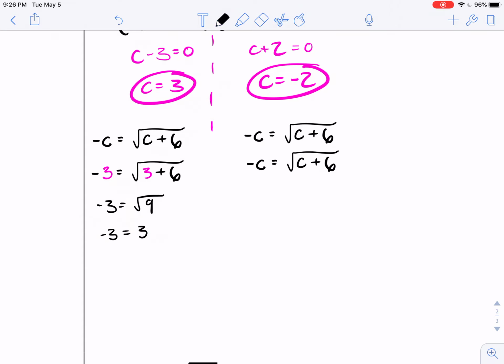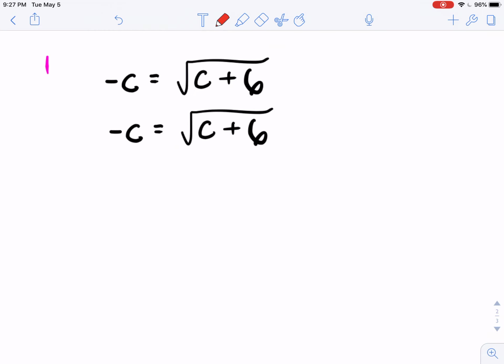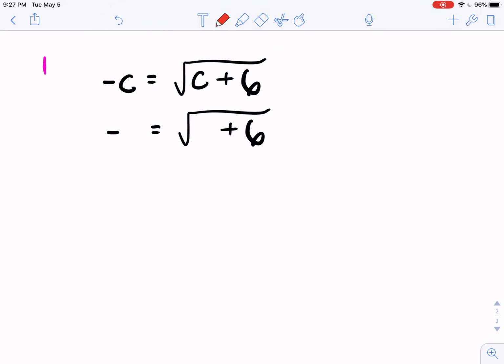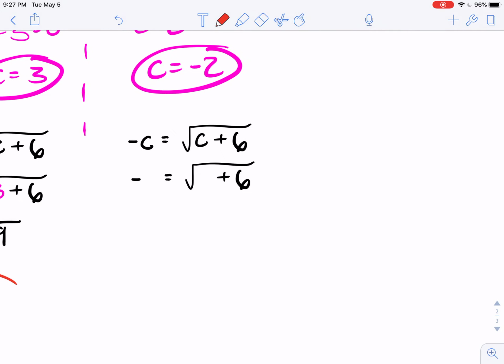So that's an extra solution. The hint was, it's got a negative right there. That negative is always no good. It's bad news. On the other side, however, we're given that c is negative 2, correct? Negative 2, negative 2.